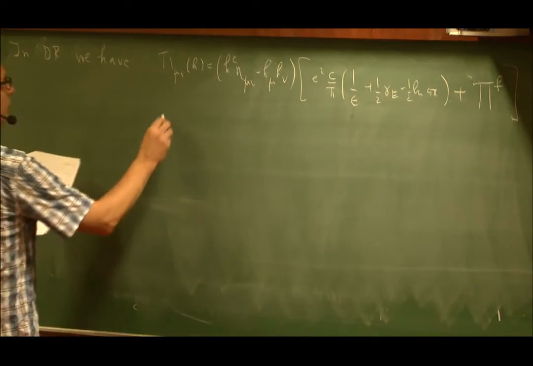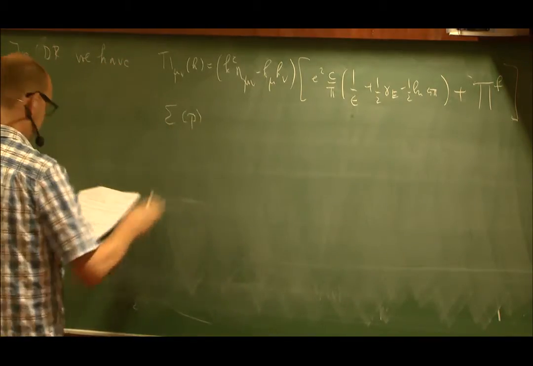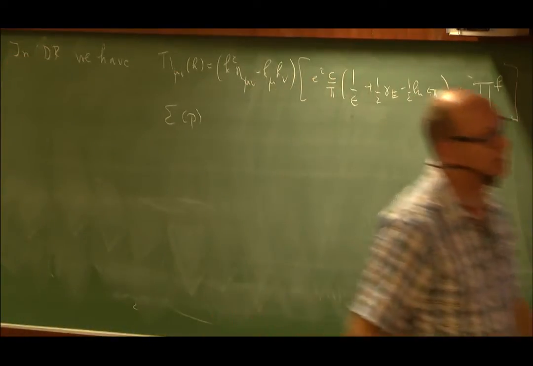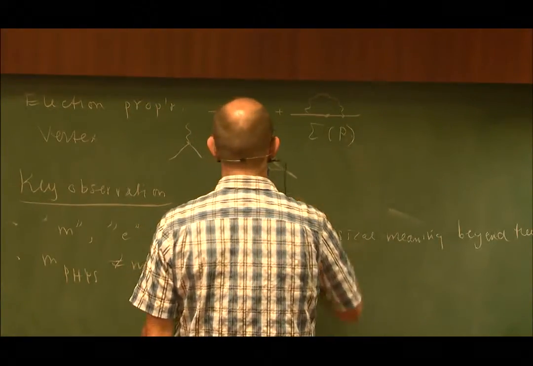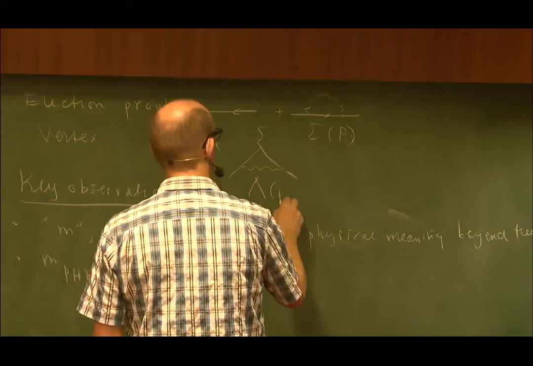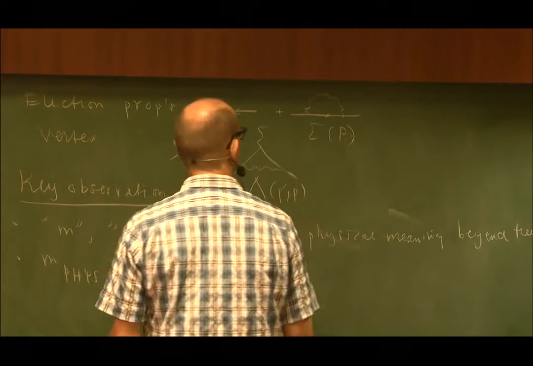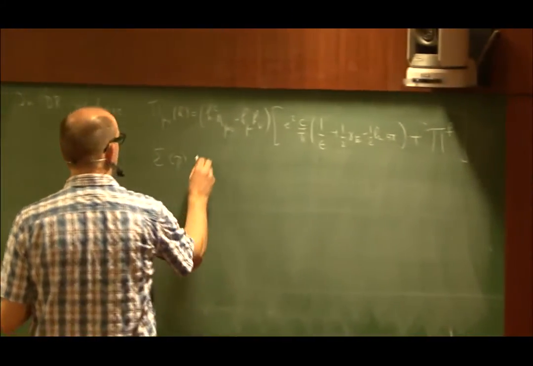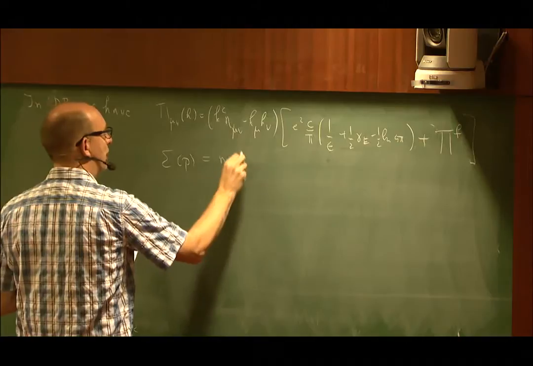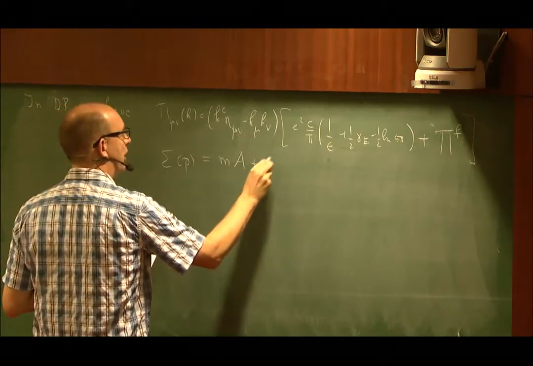Then there is sigma of p, and sigma of p is this. It's a traditional name. All books use the same notation here, and this is called lambda of p-prime and p. So the self-energy sigma of p has 2 bits that can be written as m times a plus i p-slash times b.